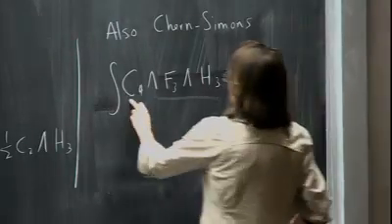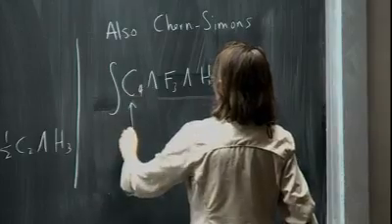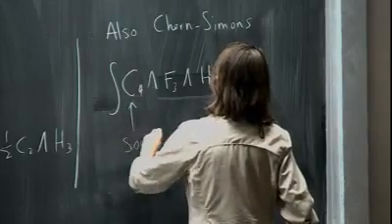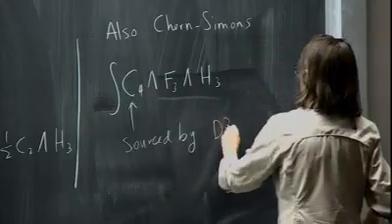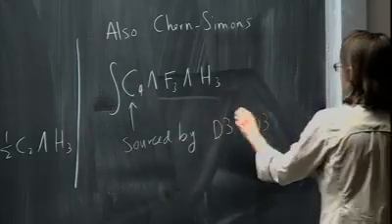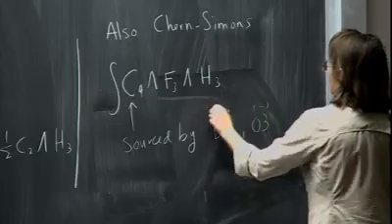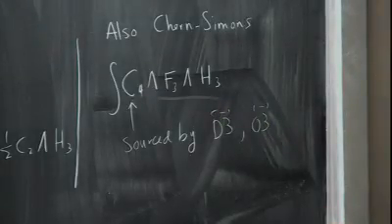And you can see that this C4 is sourced. It's the Ramond-Ramond field that's sourced specifically by D3s and hence O3s and their anti-brane partners.